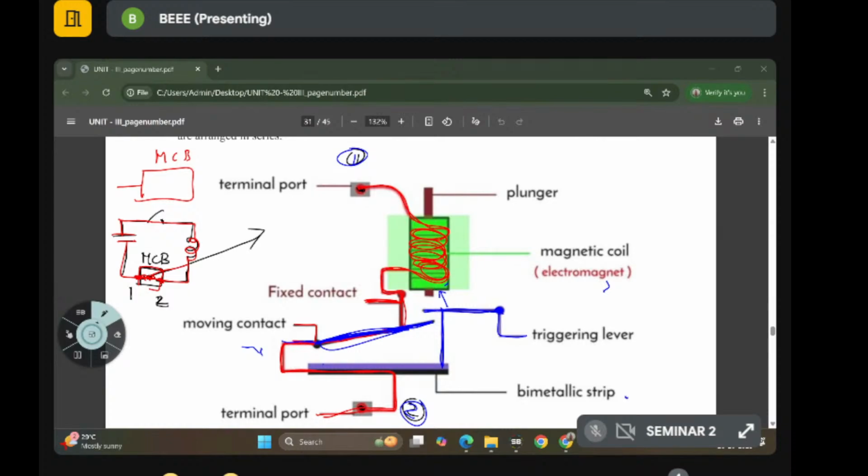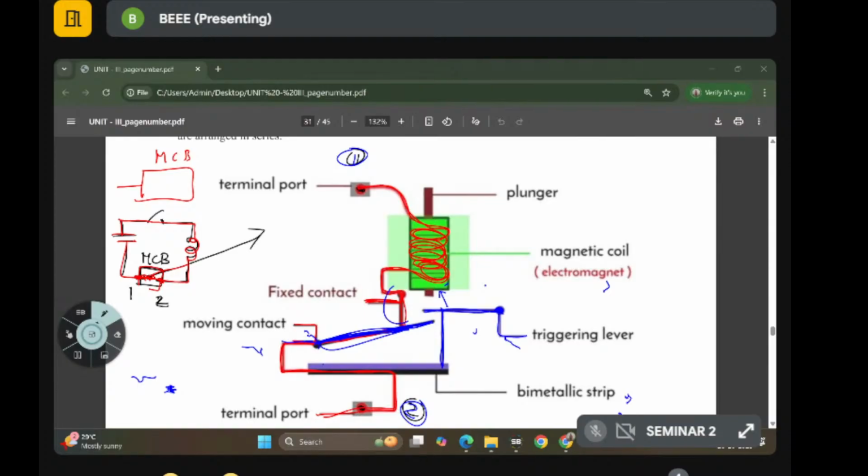What happens whenever this one moves upward? Here this is the fixed contact and this is the moving contact. Whenever it is going upward, it is attracted by this magnetic coil. This is also one of the strips. It gets opened and moves below, thereby opening this circuit.